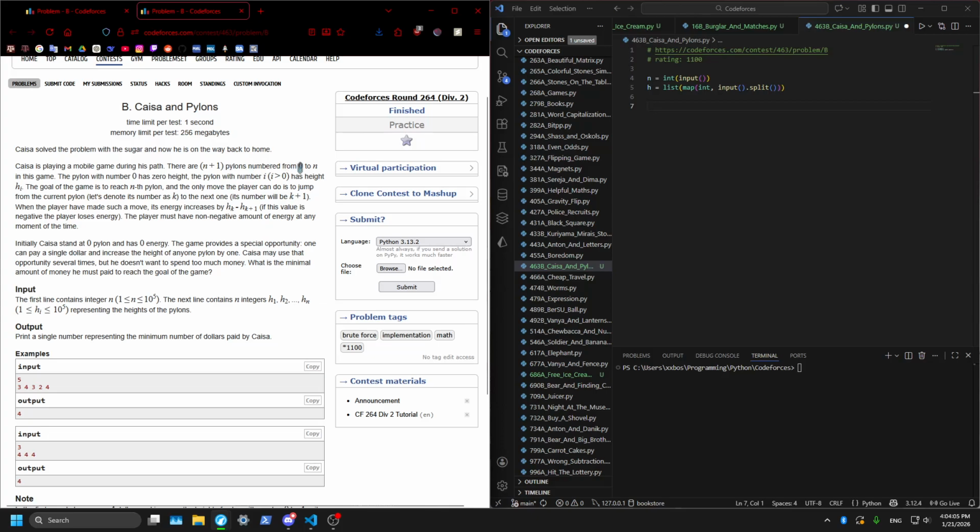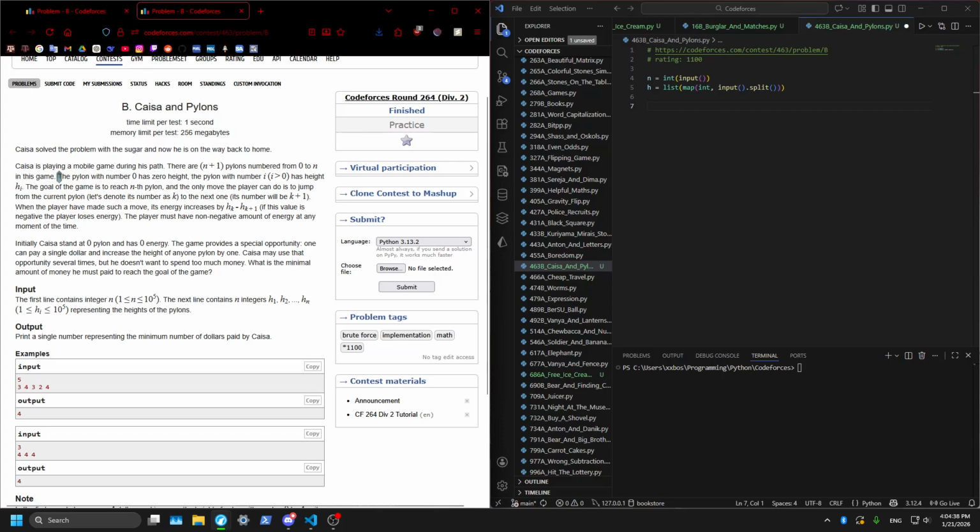N plus 1 pylons numbered from 0 to n. The pylon with number 0 has 0 height. The pylon with number I has height hI.